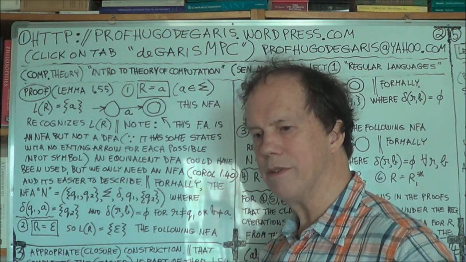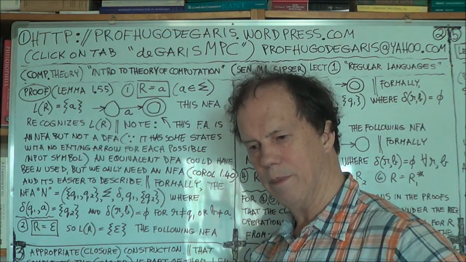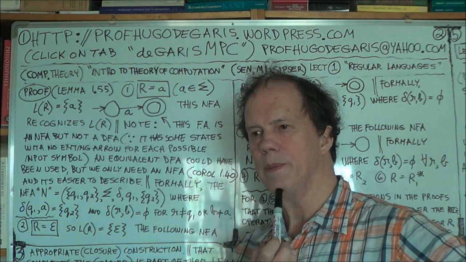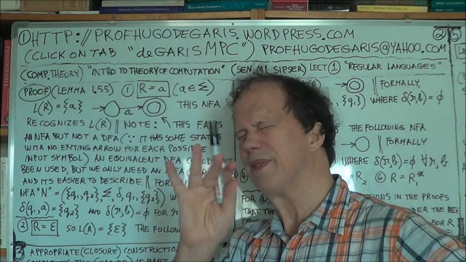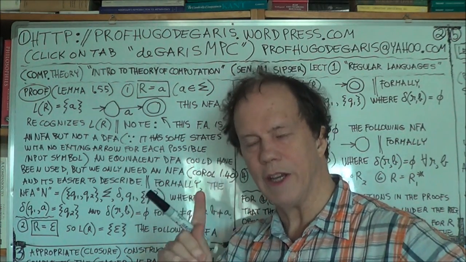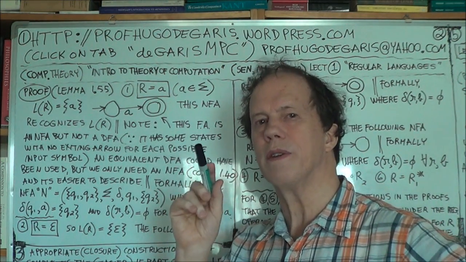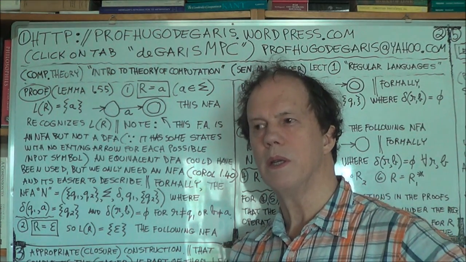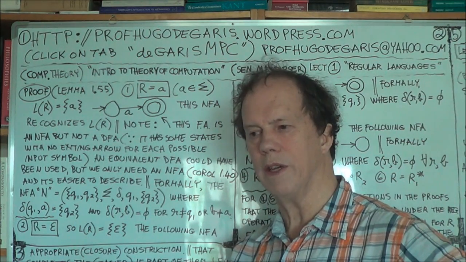Now remember, for a DFA, let's say your machine, your DFA, has capital N different states. And let's say there are M different symbols in the alphabet.